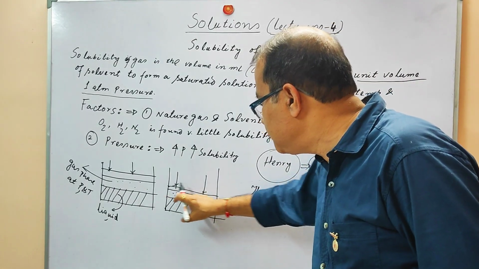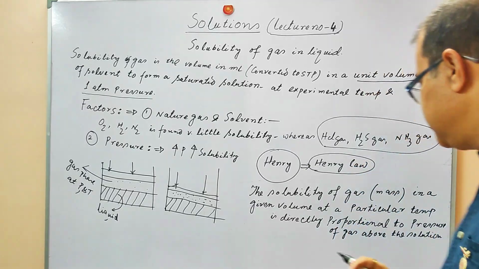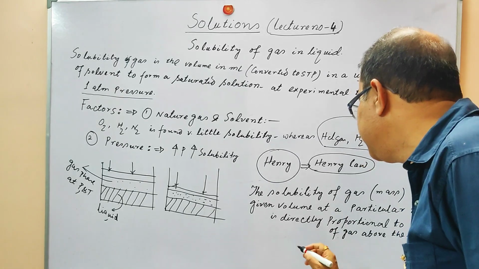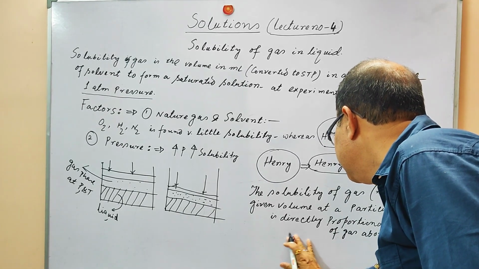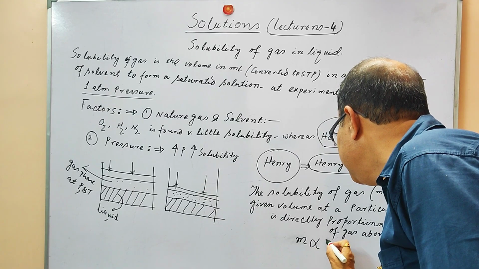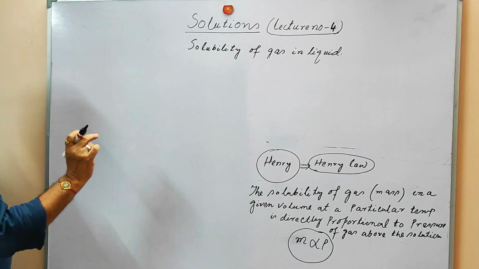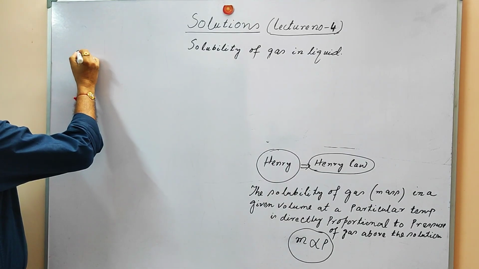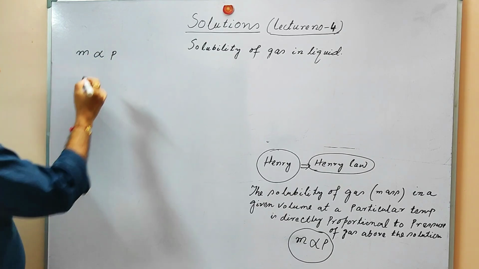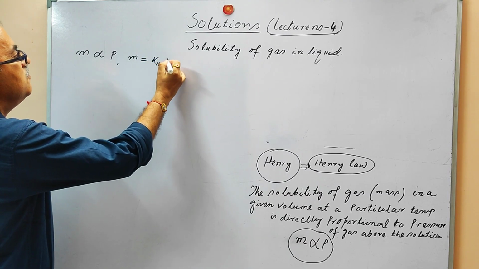This means when we increase this pressure, the solubility goes on increasing. So the mass of the gas is directly proportional to the pressure of the gas, and we can write m = KH × P.